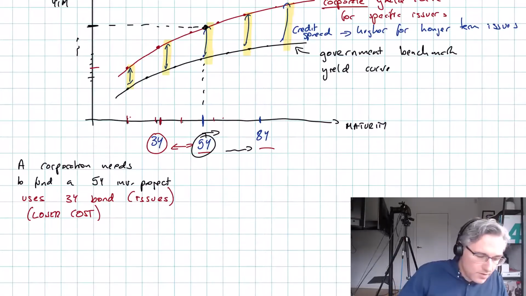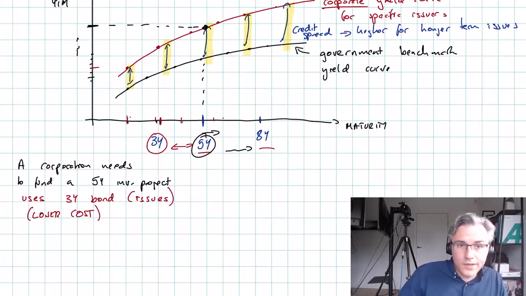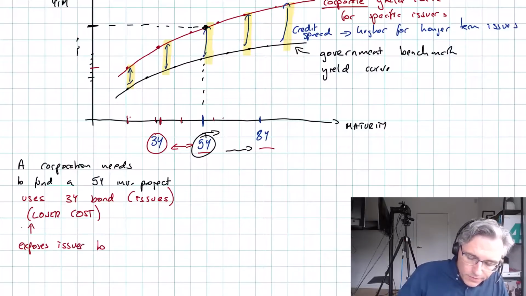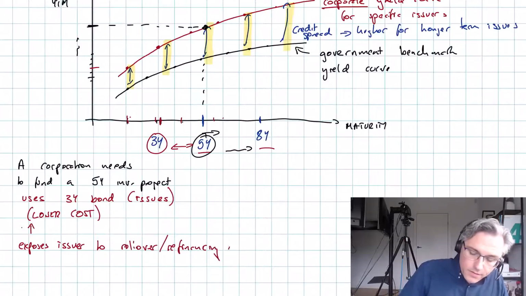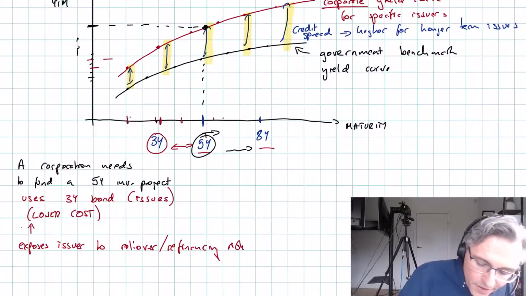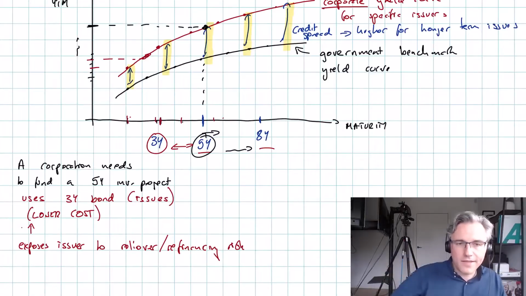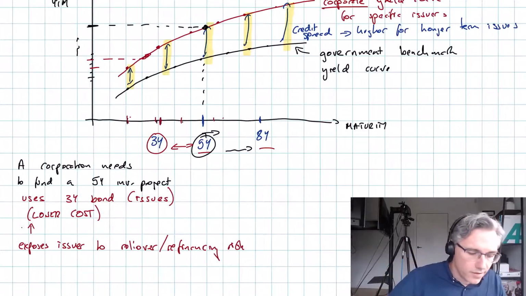And this exposes the issuer to rollover or refinancing risk. Nevertheless, despite this risk, it's a tempting thing to reduce your cost of borrowing and then hope that you'll be able to refinance once again at a pretty attractive rate.